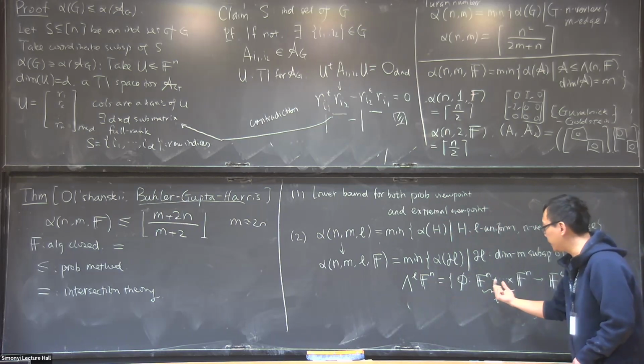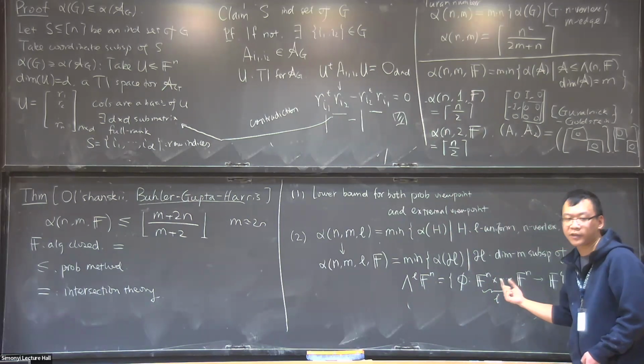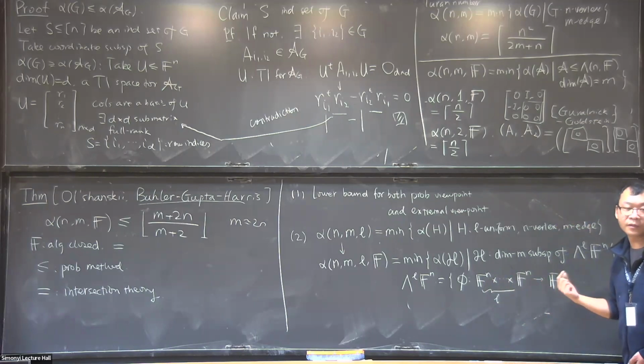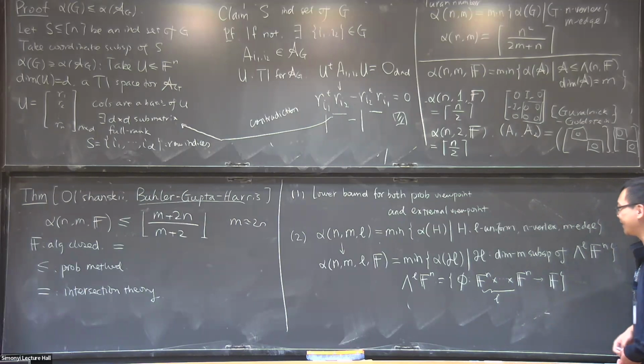We satisfy the alternating property: if you swap two arguments, it changes the sign, and if two arguments are the same, it evaluates to 0. Of course, there are some field characteristic issues I don't go into here.